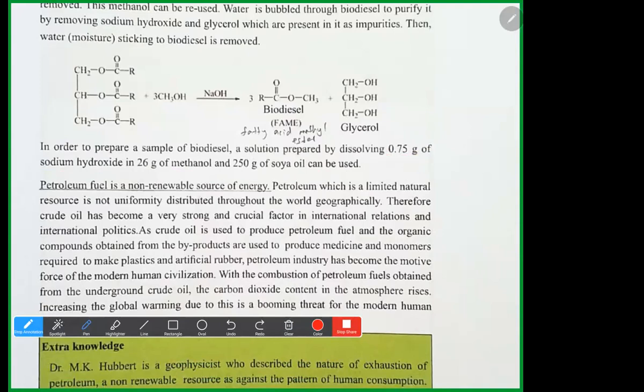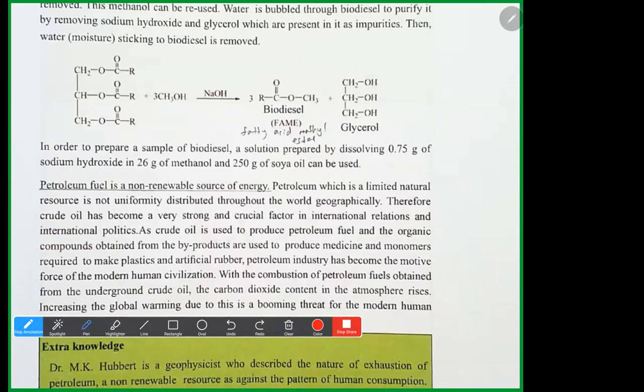Petroleum fuel is a non-renewable source of energy. Petroleum, which is a limited natural resource, is not uniformly distributed throughout the whole world geographically. Therefore, crude oil has become a very strong and crucial factor in international relations and international politics.